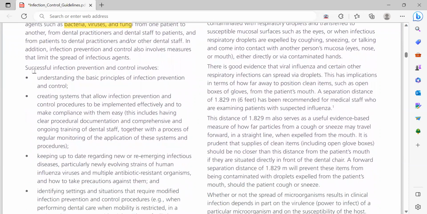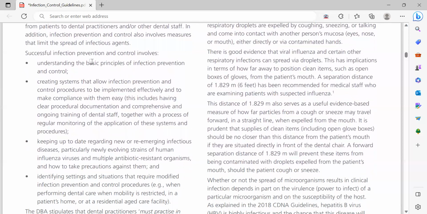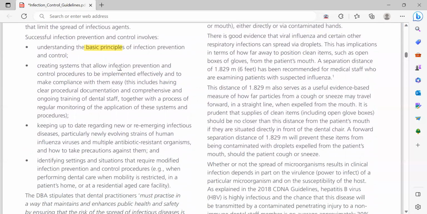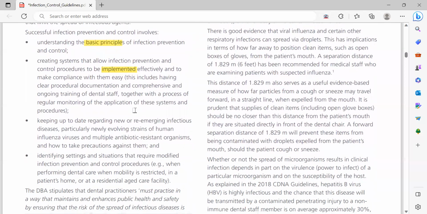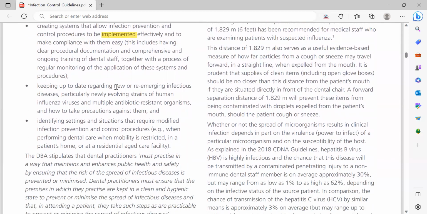Successful infection prevention and control involves understanding the basic principles of infection prevention, then creating a system that allows infection prevention and control procedures to be implemented effectively, and making compliance with them easy, so that each and every staff member can understand and follow it, and keeping up to date regarding new or re-emerging infections, for example COVID infection.